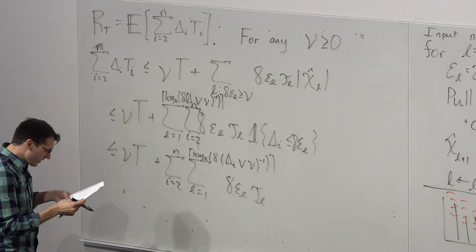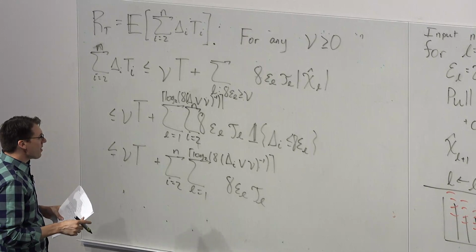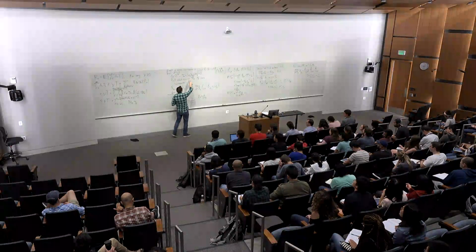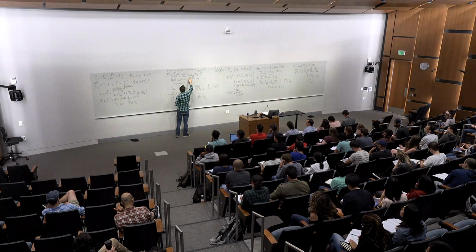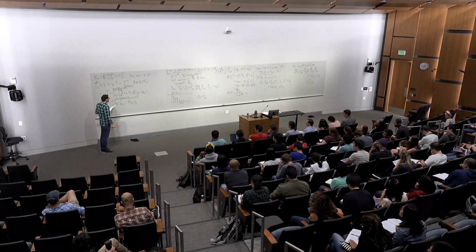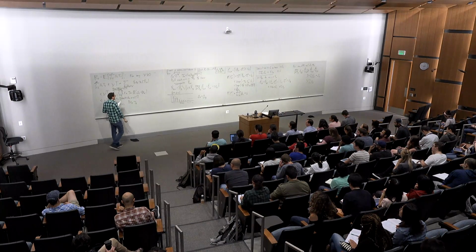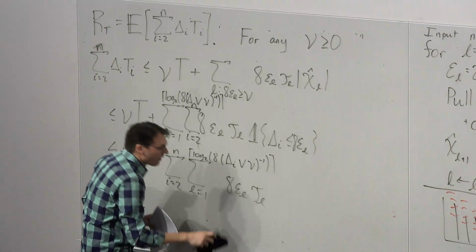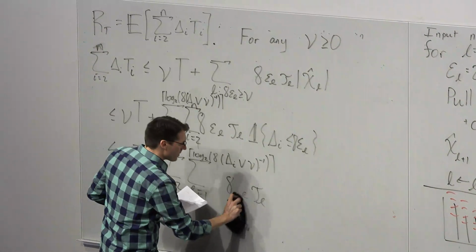And this is convenient because now I can just plug in my value of tau L, which is equal to this guy here. And it has this very nice form of epsilon L minus 2 and epsilon L. And if I just plug that in, one of the epsilon L's cancels.